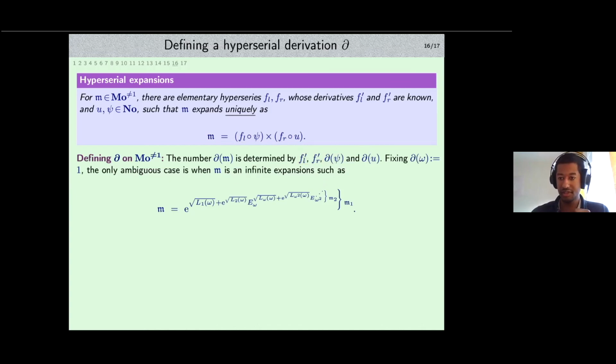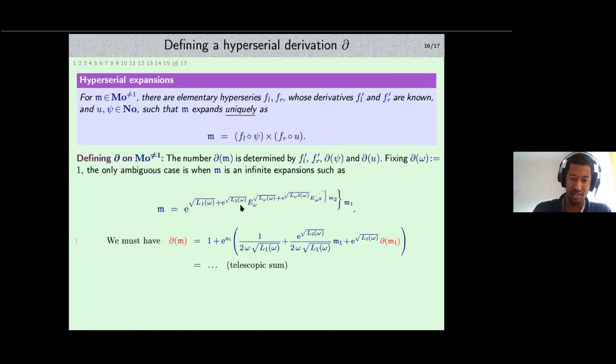So if you fix that the derivative of omega is 1, because it's like the identity function, then we only have to look at some infinite expansions, which are sort of canonical representatives of certain cuts. And for those, what is nice is that you can take syntactic derivatives.